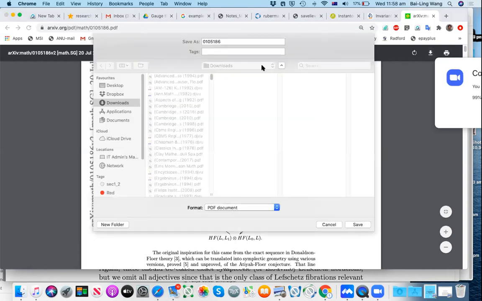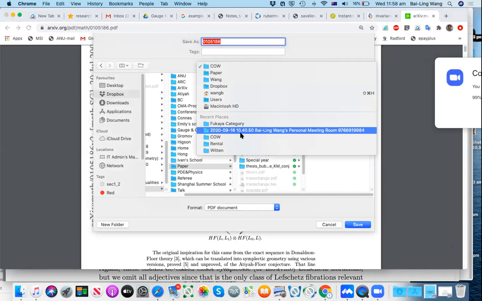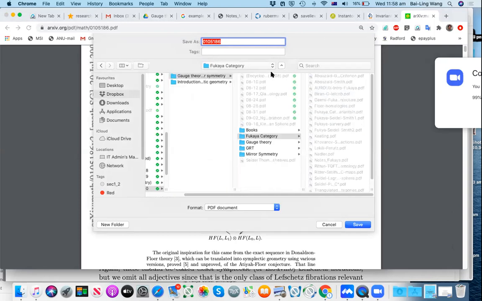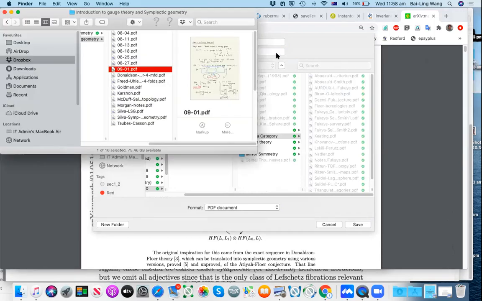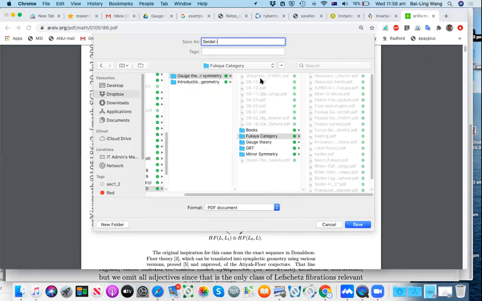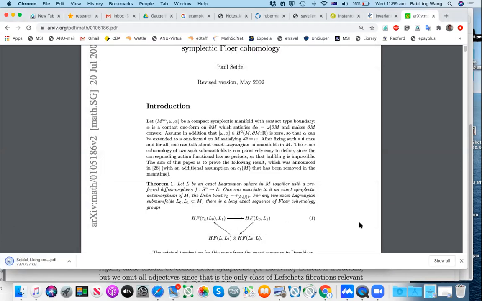Okay, I'll put it in the Fukaya category folder. Okay, so now it's in the Dropbox.